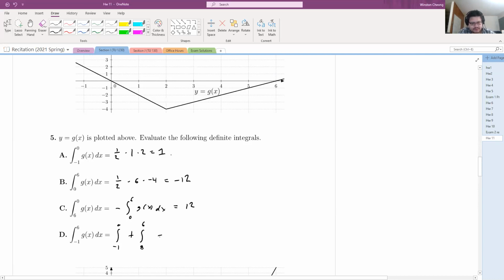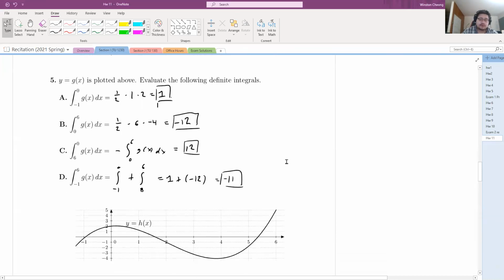And so we can say this is 1 and then plus the -12. So this is just adding parts A and B together. And so you end up with -11. Maybe I'll box the answers just to make it a little bit more clear. The rest of it's scratchable. Okay. So yeah, hopefully that's clear.